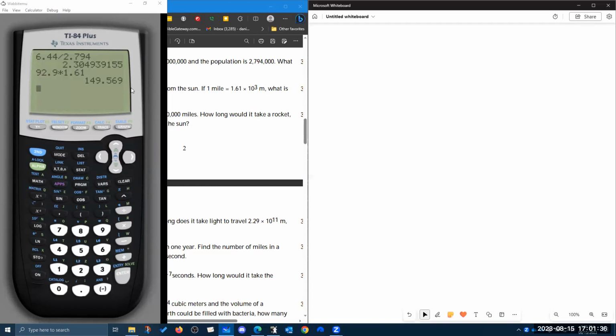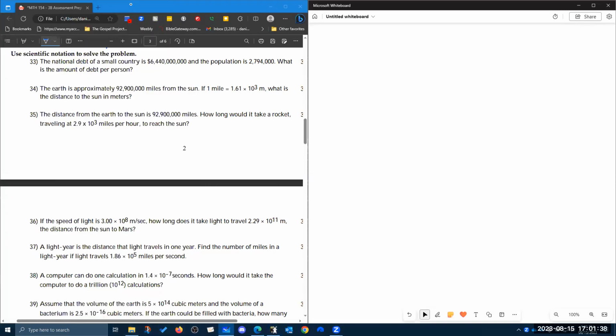The distance from the Earth to the Sun, again, is about 92.9 times 10 to the 6th miles. How long would it take a rocket traveling at 2.9 times 10 to the 3rd miles per hour? Distance divided by time equals rate?